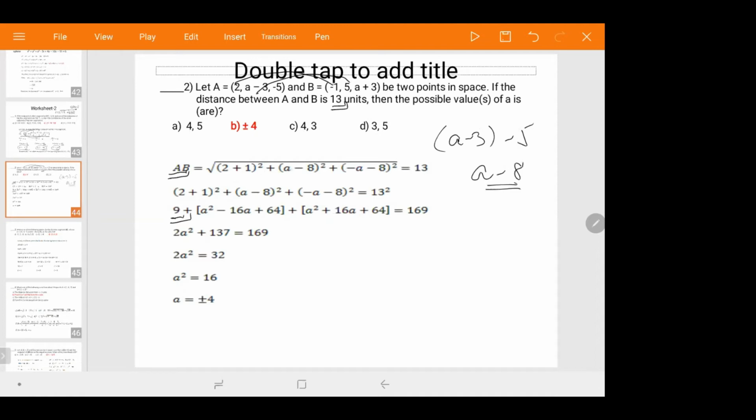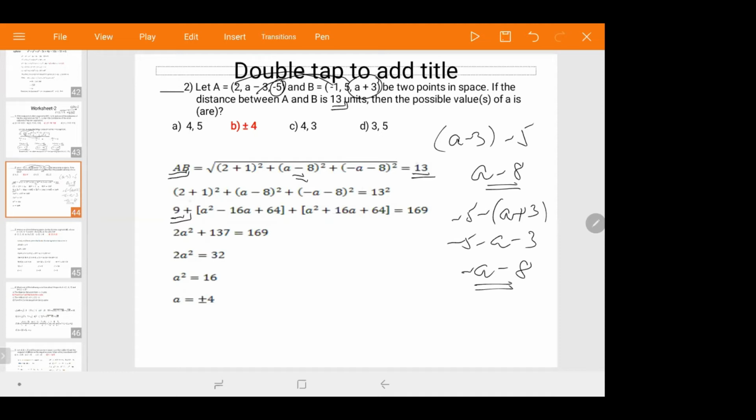So (a - 8) is the whole squared, plus (-5 - (a + 3)). So it becomes -5 - a - 3, that is (-a - 8), the whole squared, equals the square root of 13.